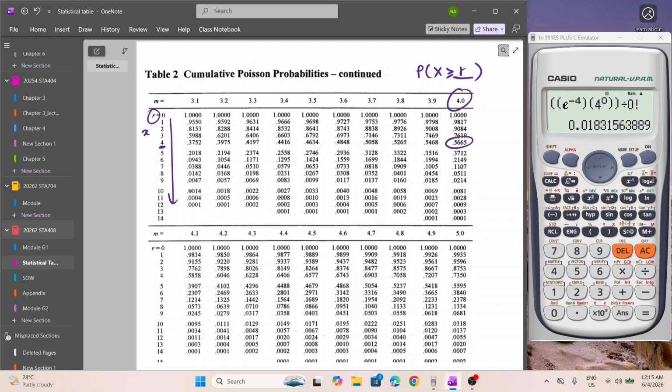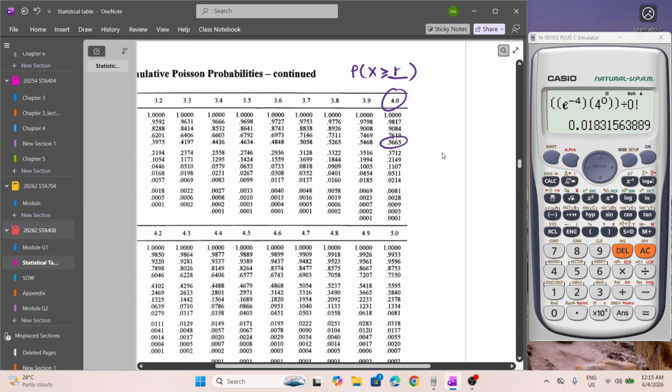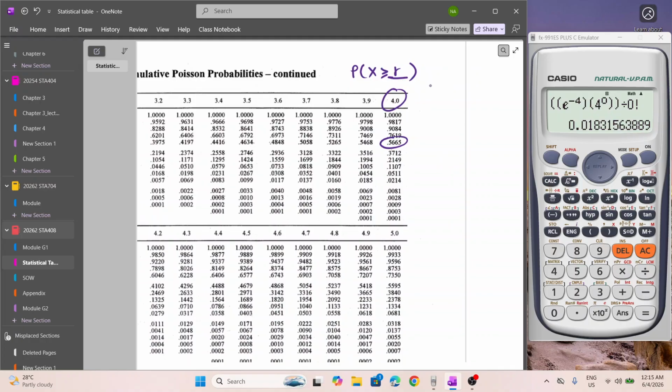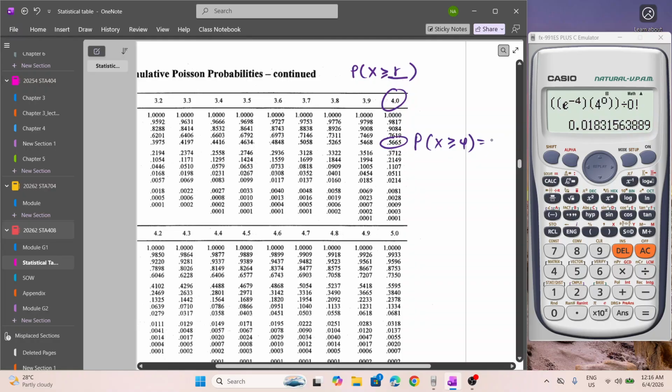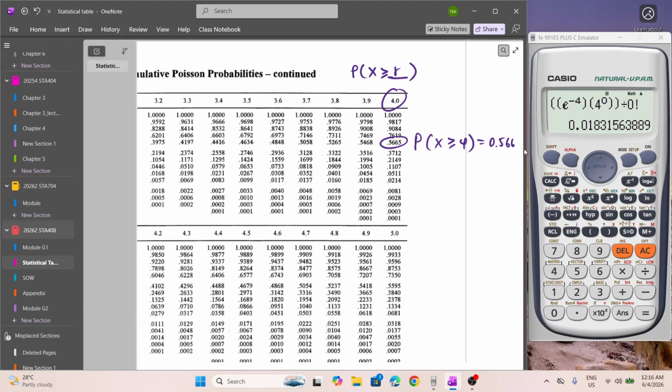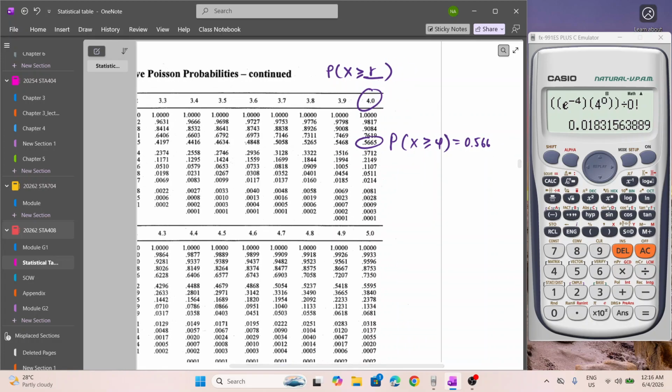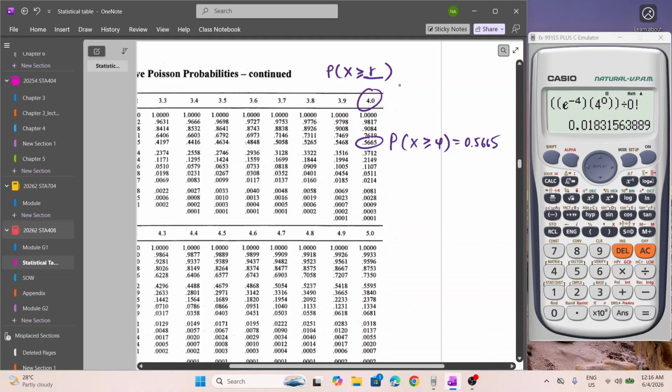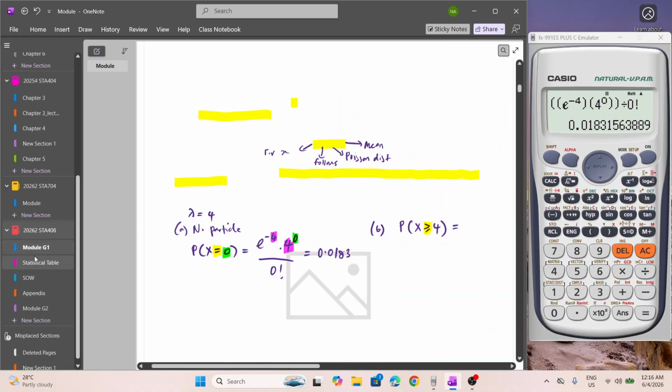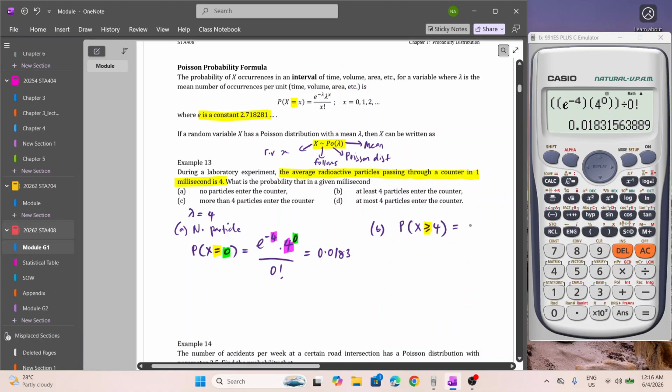Since we want the probability of x greater than or equal to 4, you can straight away write the answer, which is 0.5665. Go back to the module, and this is equal to 0.5665.